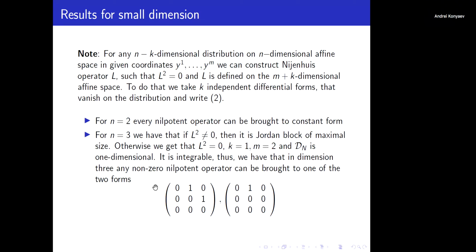In dimension 3, every nilpotent operator can be brought to constant form. That is why, going back to the example mentioned by Kobayashi, dimension 4 is no coincidence. There are just no non-constant nilpotent operators in smaller dimensions. So by attacking the dimensions one by one, for smaller dimensions you can at least get the list of examples.